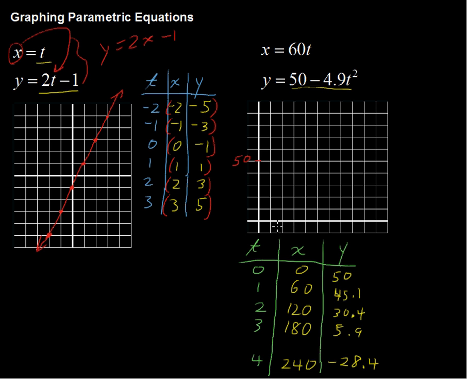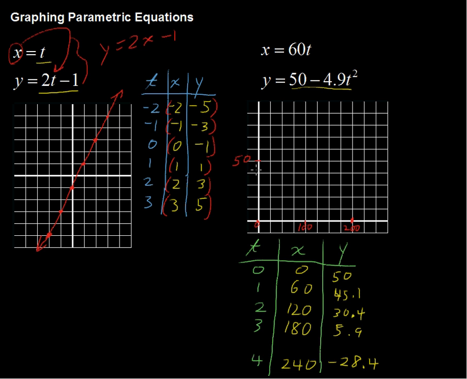So let's say every 4 is 100, or every 1 unit represents 25. So this is 100, and 25, 50, 75. Here's 200. So it gives it a nice scaling of what's going on. This is 0 right here.